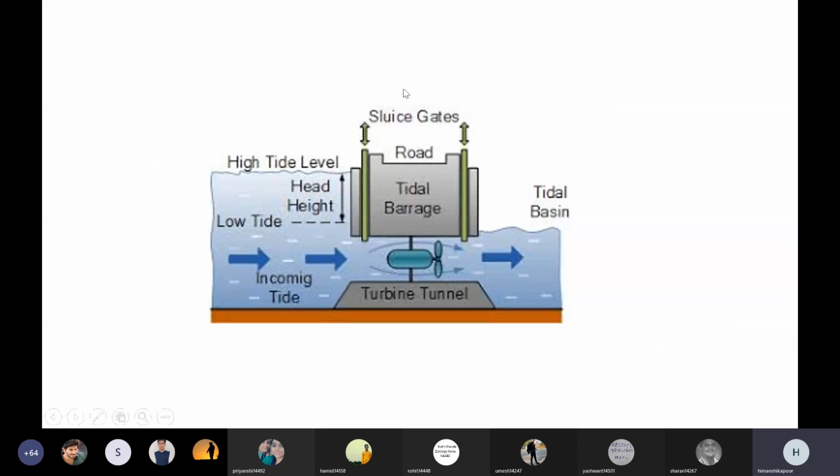You can see this is a tidal barrage, and you can rotate the turbine when the water rises due to high tide, and you can store this water, and then later release this water and again rotate the turbine. So जब high tide नहीं बन रहा है तब you can use this stored water. This is how you harvest the energy of tides.